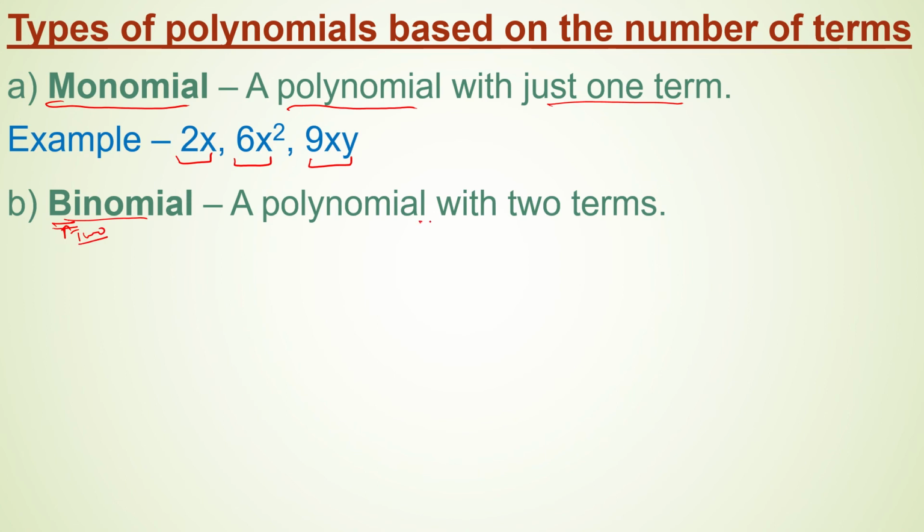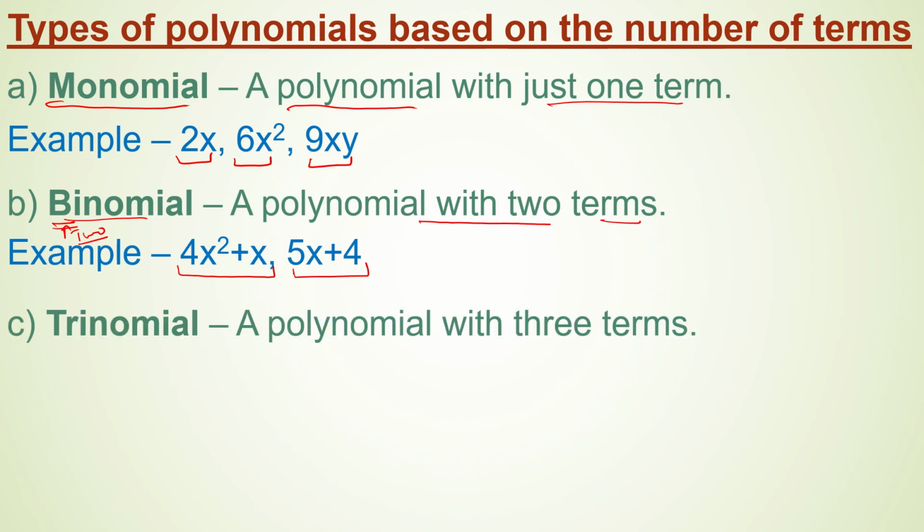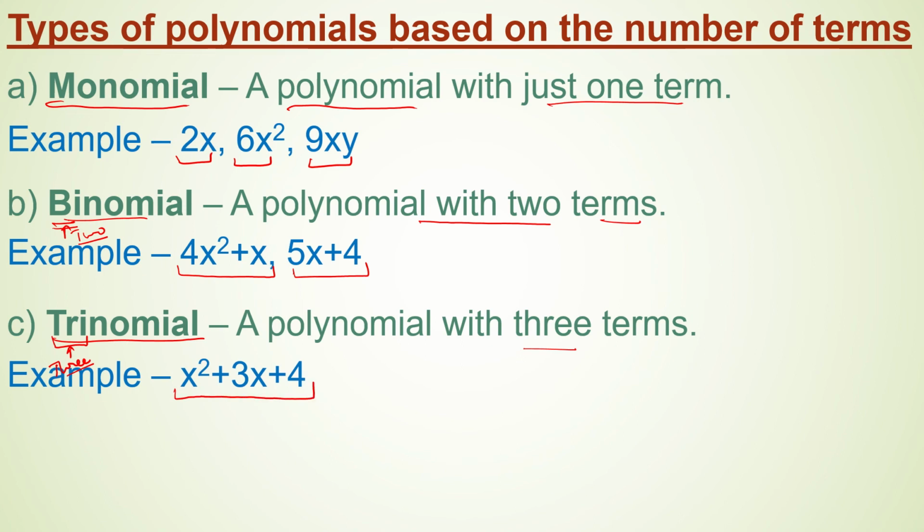So a polynomial with two terms is called a binomial. For example, 4x square plus x, 5x plus 4. Trinomial, it is clear from the name itself. Tri means 3. So there will be 3 terms in the polynomial. For example, x square plus 3x plus 4.